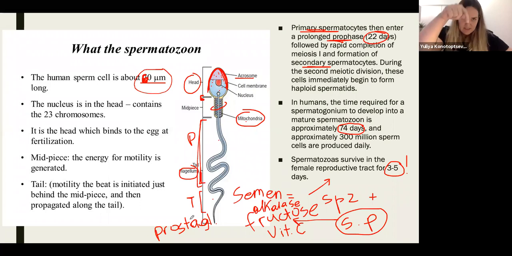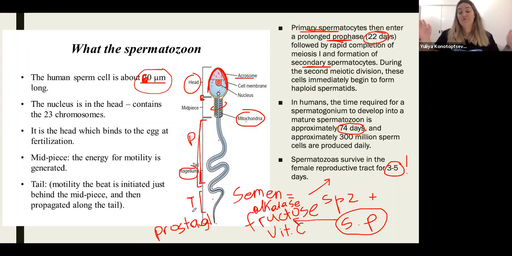Prostaglandin in this particular situation causes smooth muscle contraction. And guess who has lots of smooth muscle? Vagina and uterus. Basically, semen contains a substance that makes vagina and uterus contract.